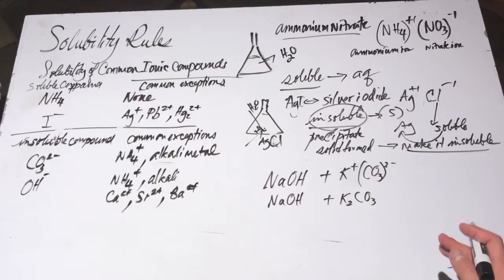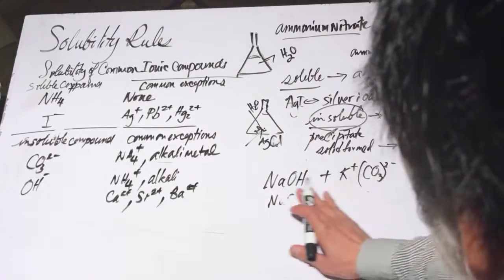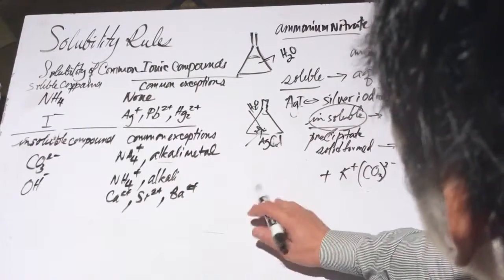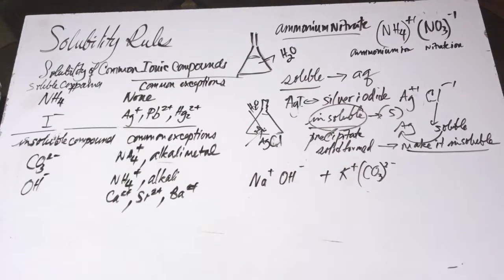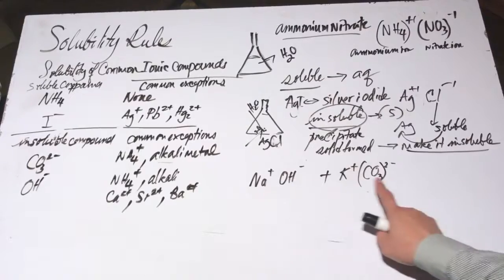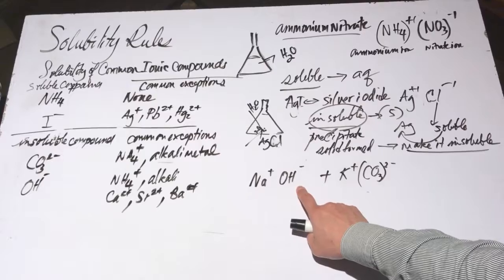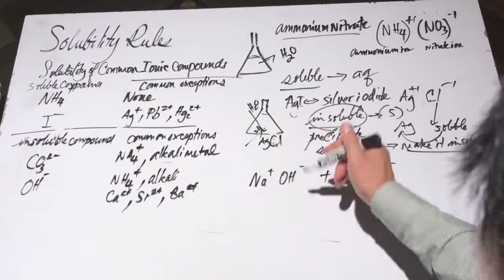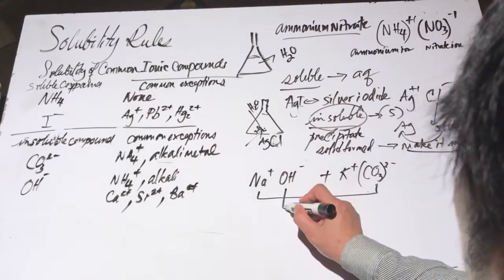When an ionic compound dissolves in water, it breaks into cation and anion. With this chemical reaction, the cation will bind with the second anion, and the cation of the second one will combine with the first one. Basically, positive will bind with negative, and negative will bind with positive.